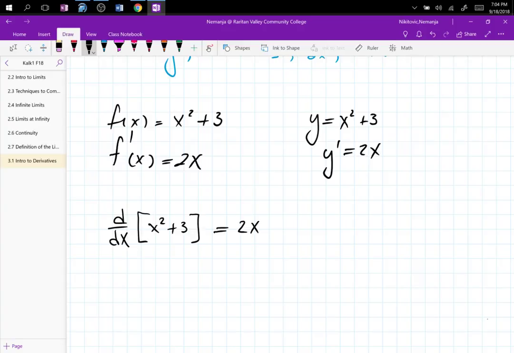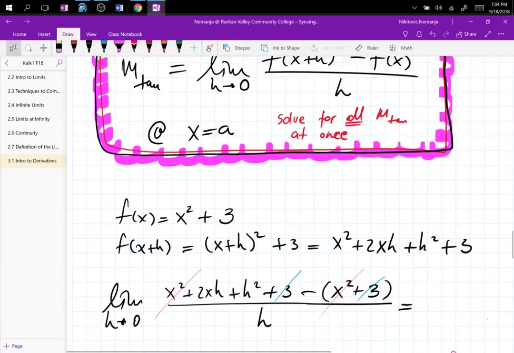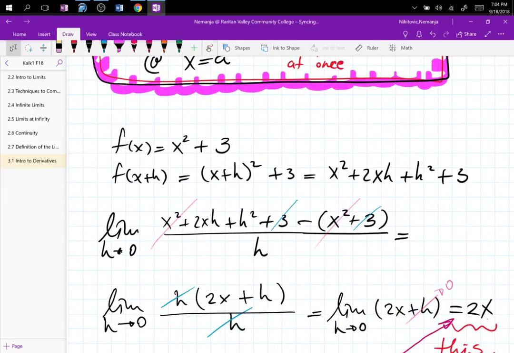If I say, find the limit of the difference quotient for x squared plus 3, I'm asking 2.3. Find the derivative of x squared plus 3, I just asked you the same problem with the words from chapter 3. See that?